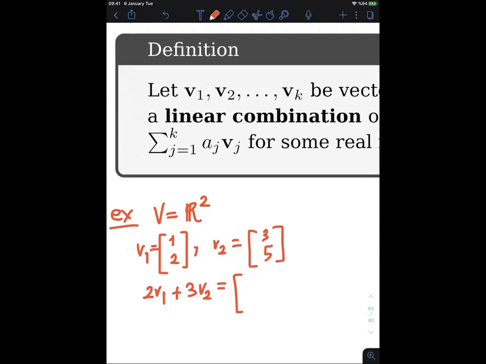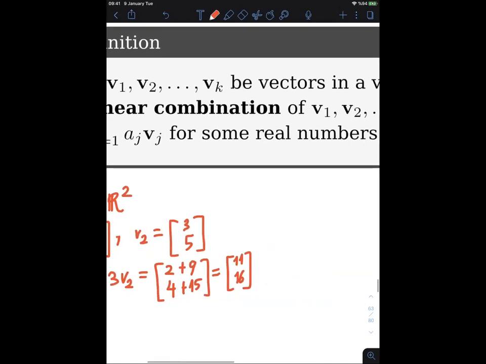Let's compute. This is 2 plus 9 and 4 plus 15. What is this? This is (11, 19). So the vector (11, 19) is a linear combination of these two vectors, v1 and v2.